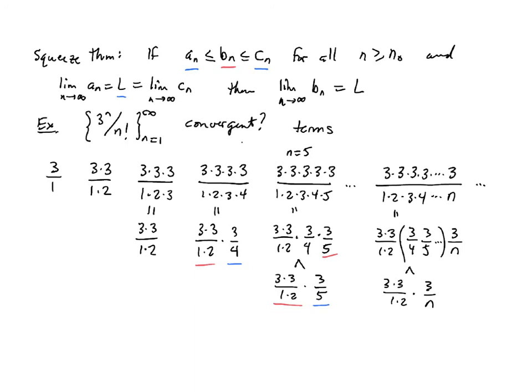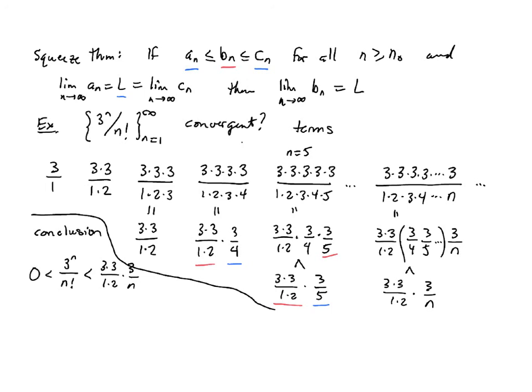So the conclusion, which I'll write over here on the left, is that my sequence 3 to the n over n factorial is less than 3 times 3 over 1 times 2 times 3 over n, and it's of course greater than 0.